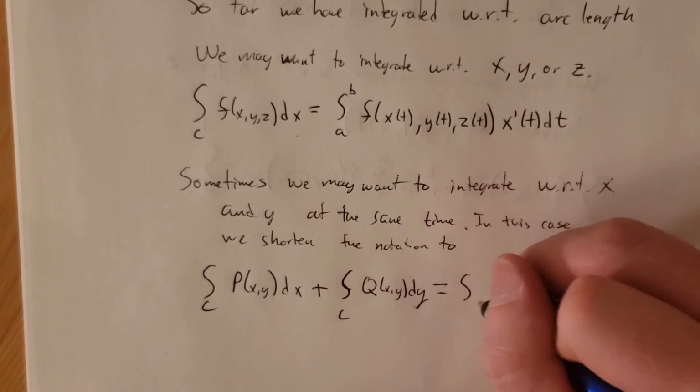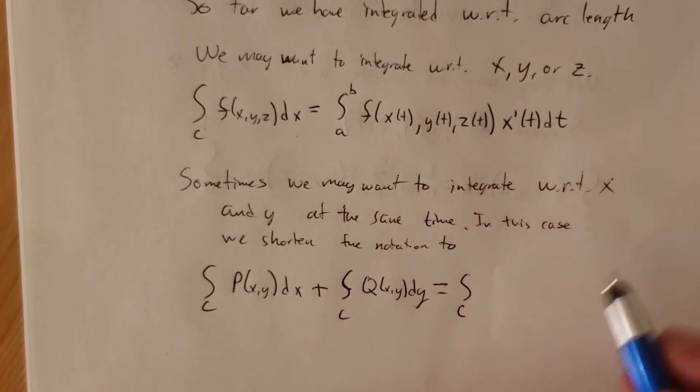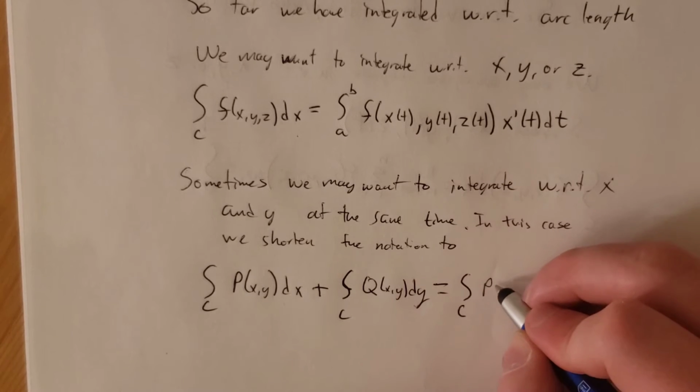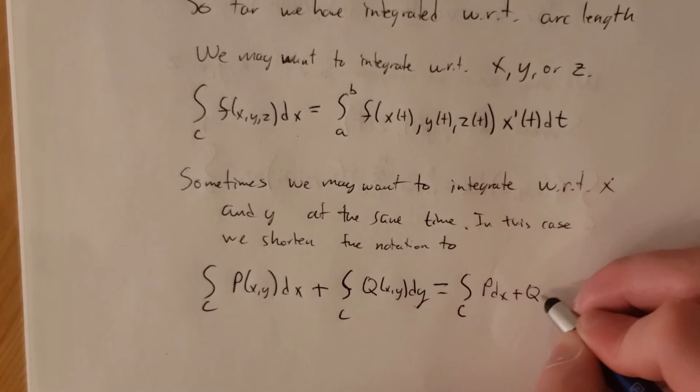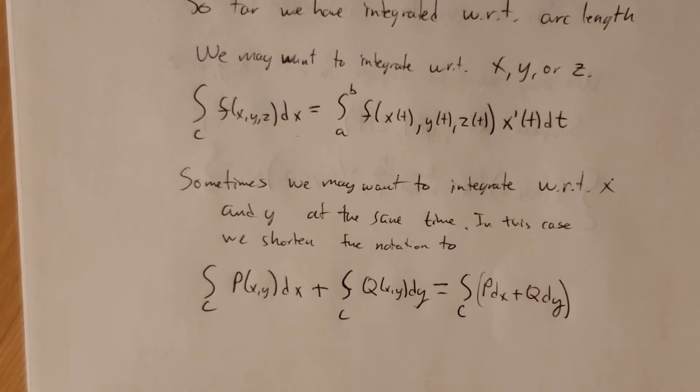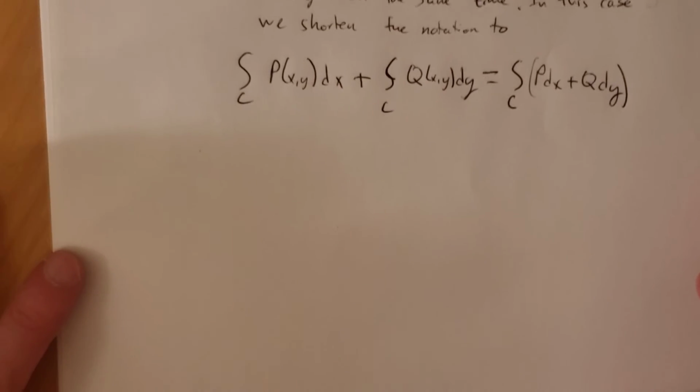We can often shorten this notation to just, over the same curve C, p dx plus q dy. Often we'll write it like this, and we'll see that come up a little later as well. Before we get into all of that though, let's do an example where we use something like this.